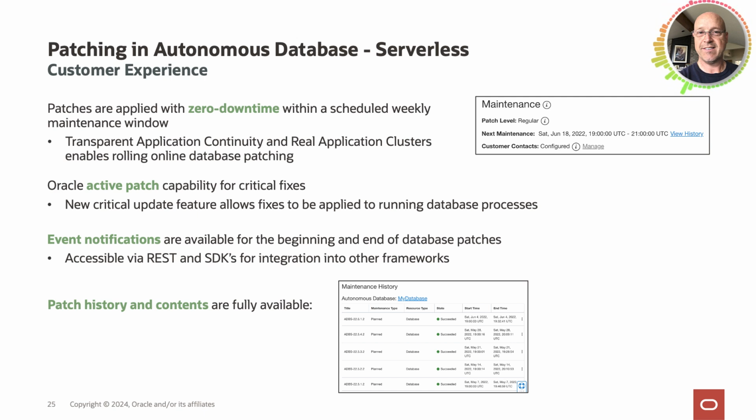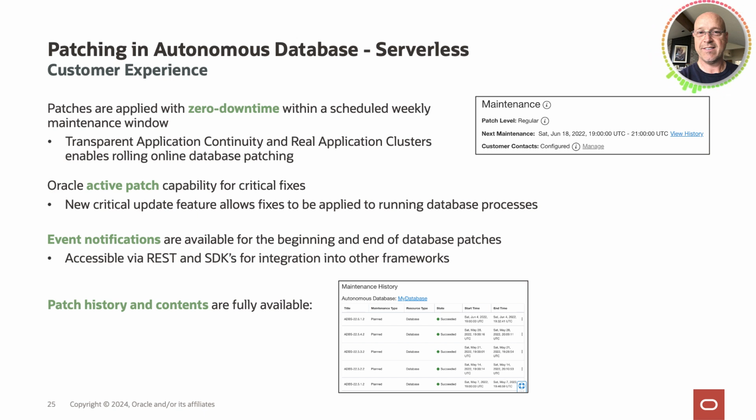And we also have this new thing, which I'll call active patching capability, where for critical updates we can actually inject those fixes into the running database processes. So it's a super lightweight way for us to patch any kind of issues that are arising.